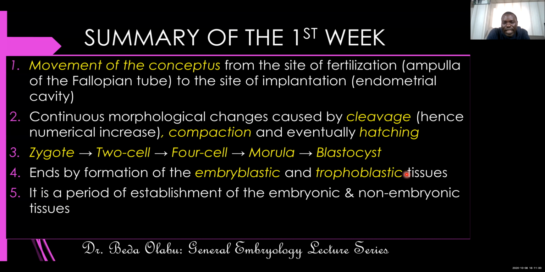Remember, the placenta is not embryonic. It is not the baby. And that's why when we're talking about molar pregnancy, it is not a pregnancy that's going to give you a baby. It's just placental tissue. Such pregnancies must be terminated.